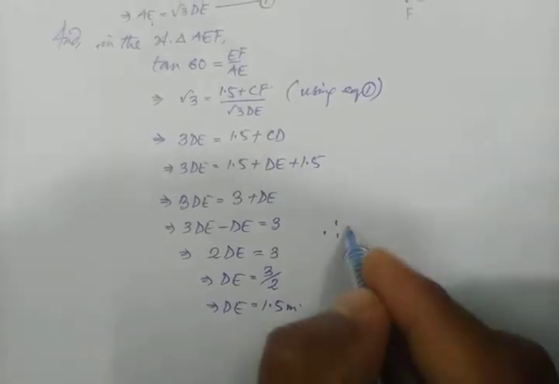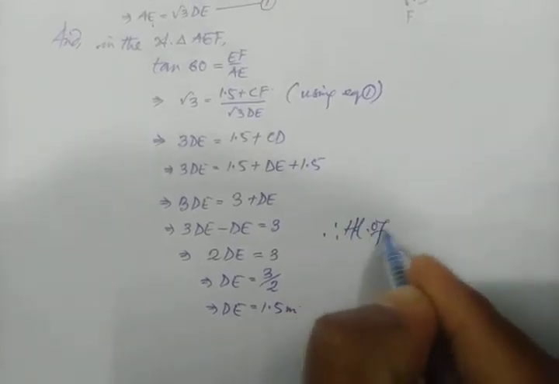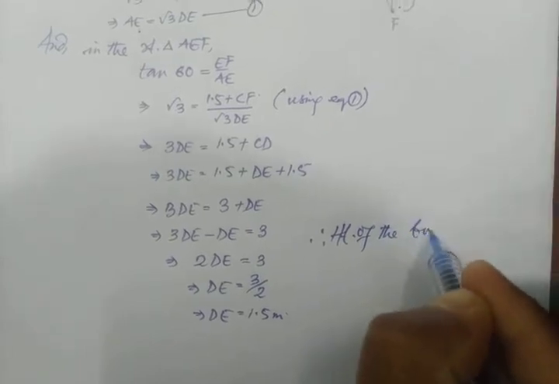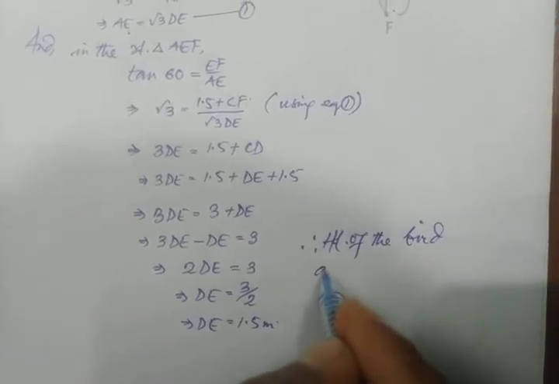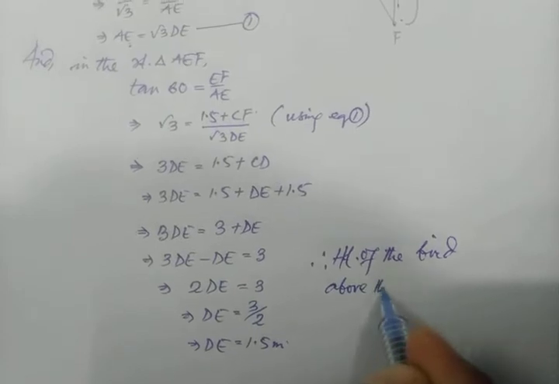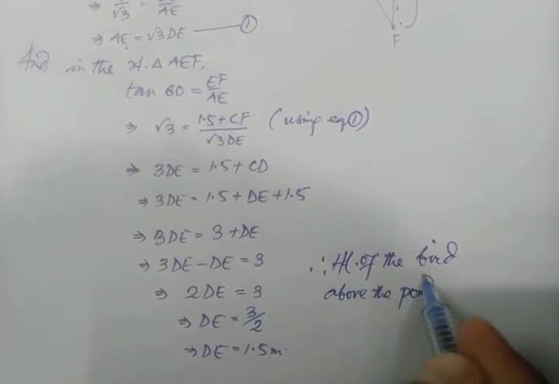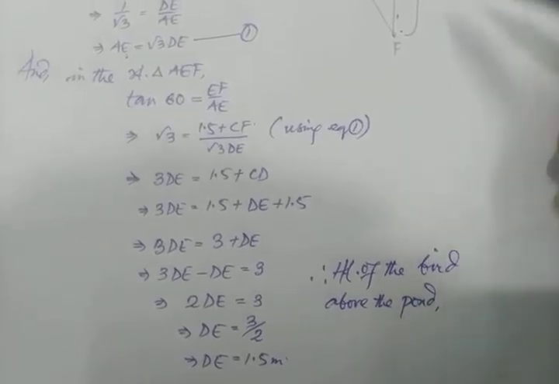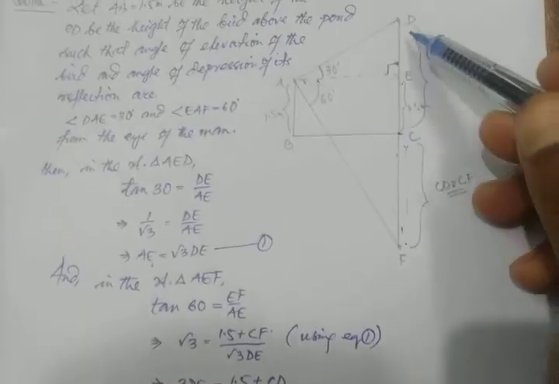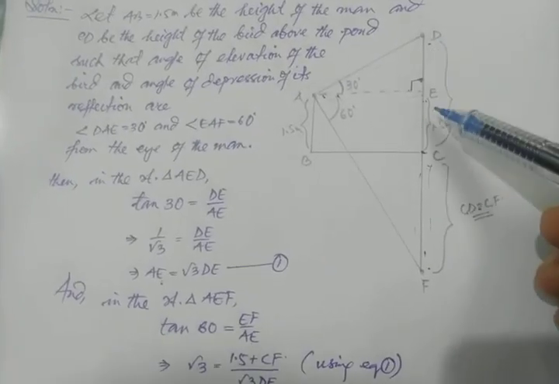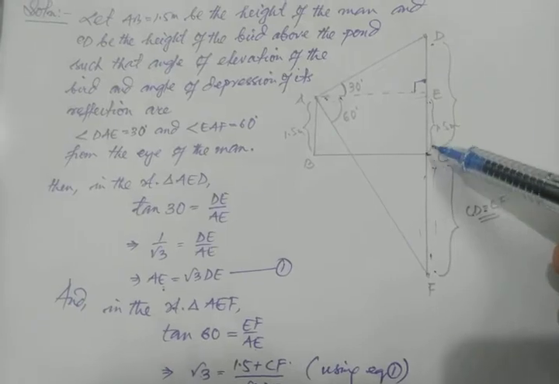Therefore, height of the bird above the pond. Let's see, height of the bird above the pond is CD.